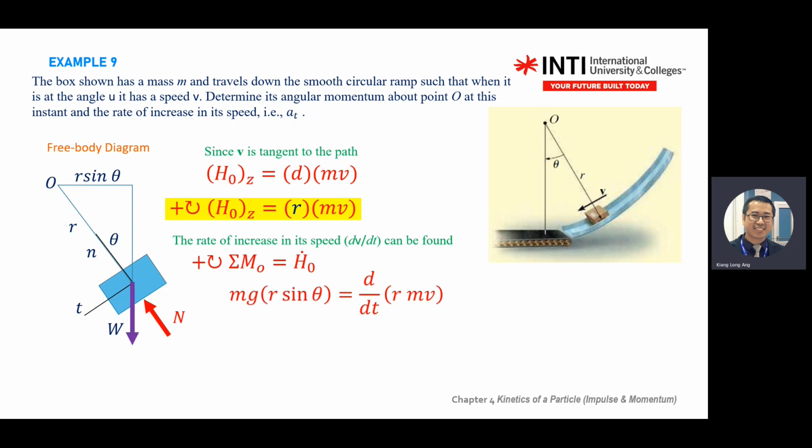So what is moment? Moment is related to force only. All right. So how many forces do you have? Two forces, normal and W. Normal does not create moment. There's no distance for it, right? Normal is along the R direction, so no moment.